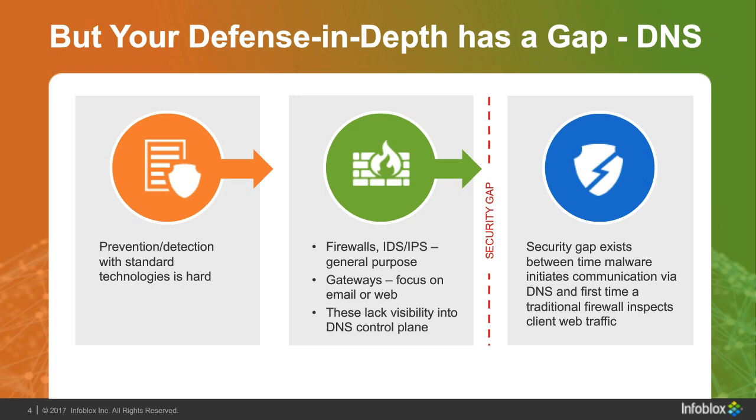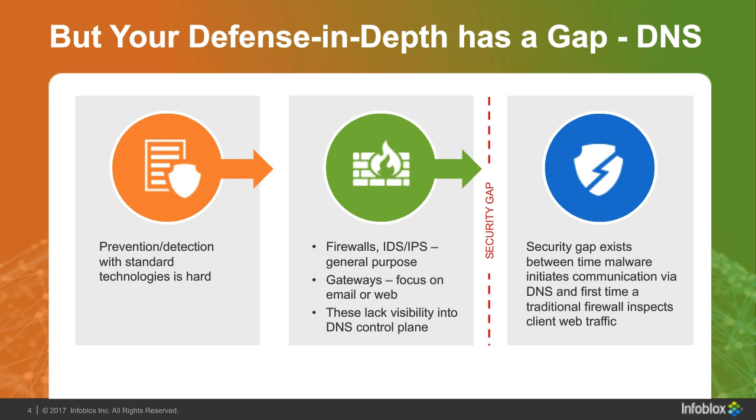And next-gen firewalls are great for what they're built for, but again, there's a gap between the time that a malware first initiates the communication to a known bad site and when a traditional firewall will first be able to inspect that traffic. The other issue is firewalls are far away from the endpoints. They're at the perimeter, and they're good at perimeter protection.